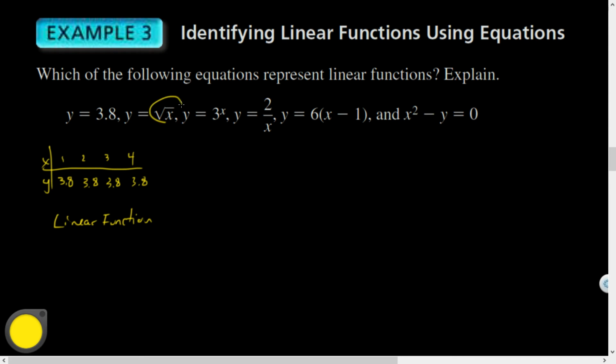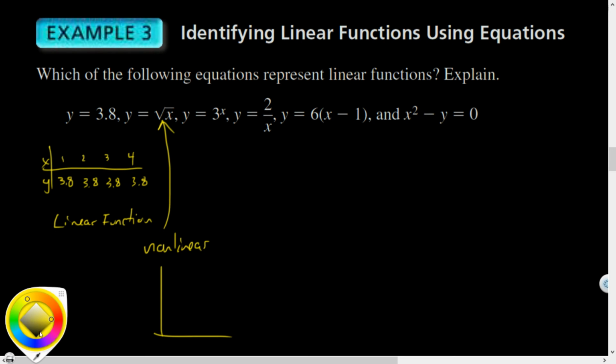You guys haven't even seen this symbol yet. Does anyone know what that symbol over the x is? It's like wearing a little hat. It almost looks like a long division symbol. It's actually a square root symbol, and this is nonlinear. The graph of that is a crazy graph, like a sideways half parabola. So it's nonlinear.